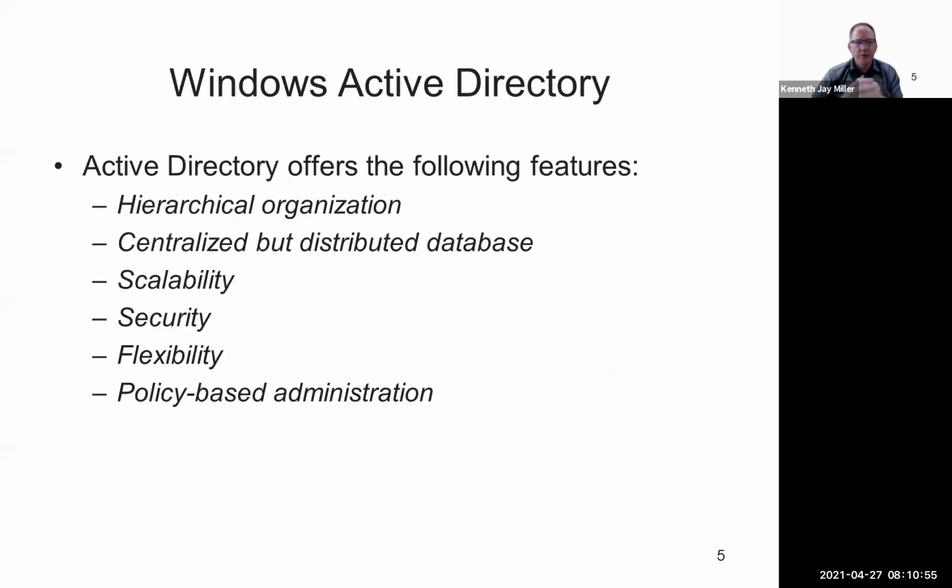All right. Now, what Active Directory offers is the following, and we'll look at these in more detail in the following slides. But first off, it gives us a hierarchical organization. Have any of you ever worked in a medium to large business where there is what they call an org chart, right? Where they show, here's the CEO, here's the vice president, here's the manager of this department, this department, this department.